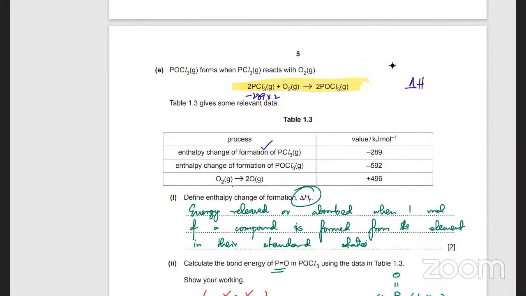They gave us the enthalpy of formation of POCl3 as well. That's minus 592 times 3, right? Enthalpy of formation of elements is 0. So if enthalpies of formation are given, then the enthalpy change is the enthalpy of formation of products minus the enthalpy of formation of the reactants.